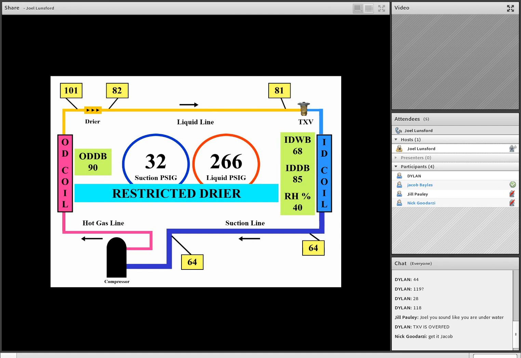Now if the contractor wants to take 5 readings across the liquid line, that's perfectly fine. If he wants to take 4 readings on the suction line, that's perfectly fine too. These are minimum readings that we're showing you on our refrigeration diagnostic screen here. Any questions or comments so far?